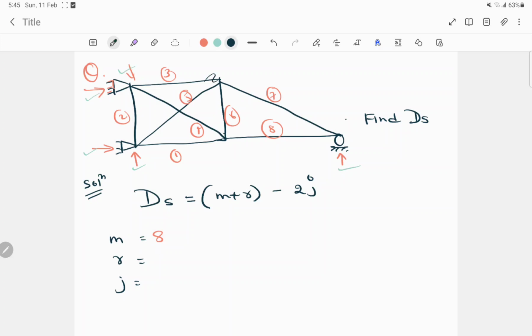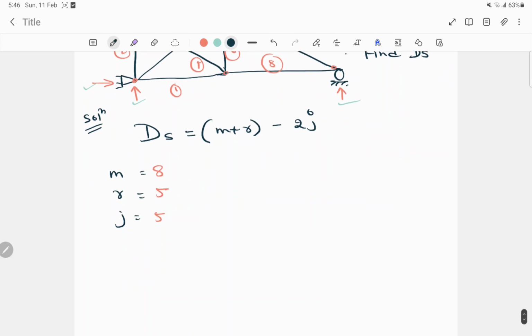Now the number of joints is 1 2 3 4 and 5. Now just put those values in this equation. Then ds is equal to 8 plus 5 minus 2 into 5. So we'll get the value 3. Therefore ds for this type of structure is 3.